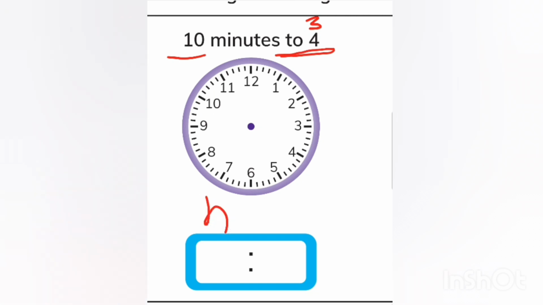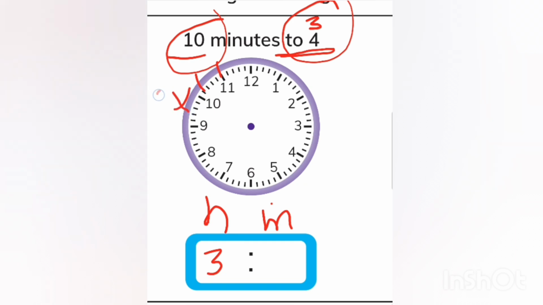This is hour and this is minutes. So this is hour 3 and 10 minutes. So where is the 10 minutes? We will multiply with 5, 10 5s are 50. So there will be 3:50.